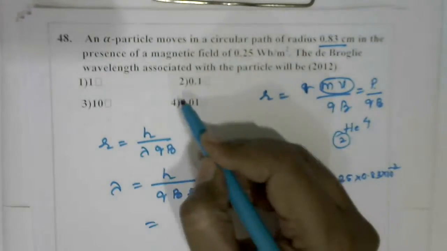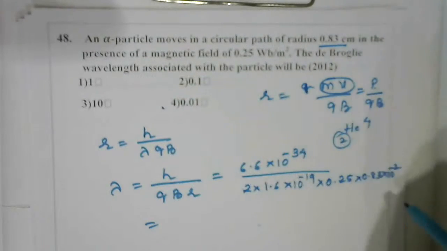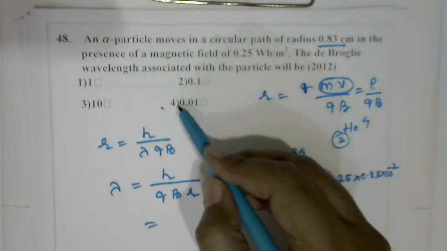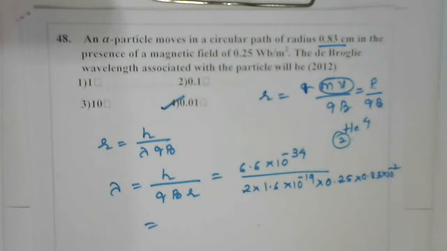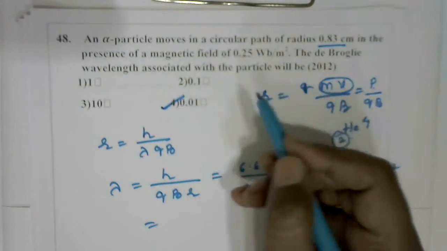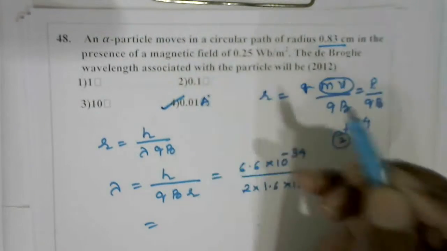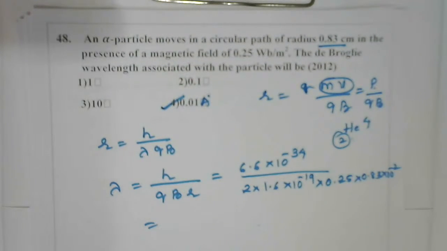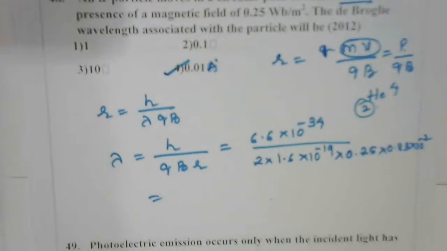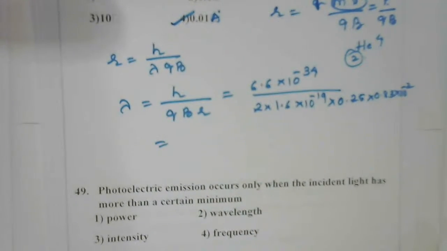Simplify all this. Some data are not going to get completely cancelled, so the answer should be in angstrom, because so much power is left out. Angstrom, okay, the unit is missing there. Hope it is there in the posted paper.